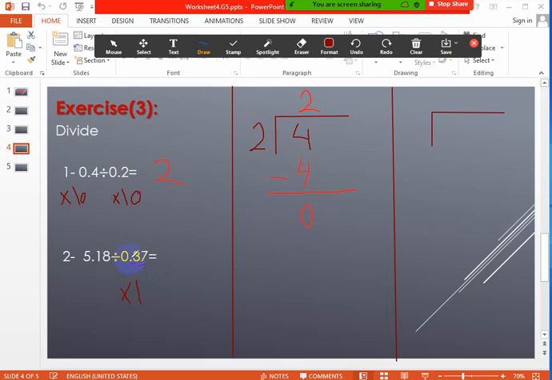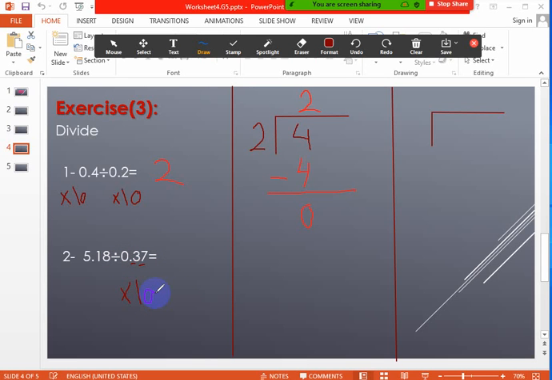Now, if I want to move the decimal point 2 digits, which power of 10 or which pattern do I have to use here to move the decimal point? 10? Are you sure? No, it's not 10, because 10 consists of one zero only, right?